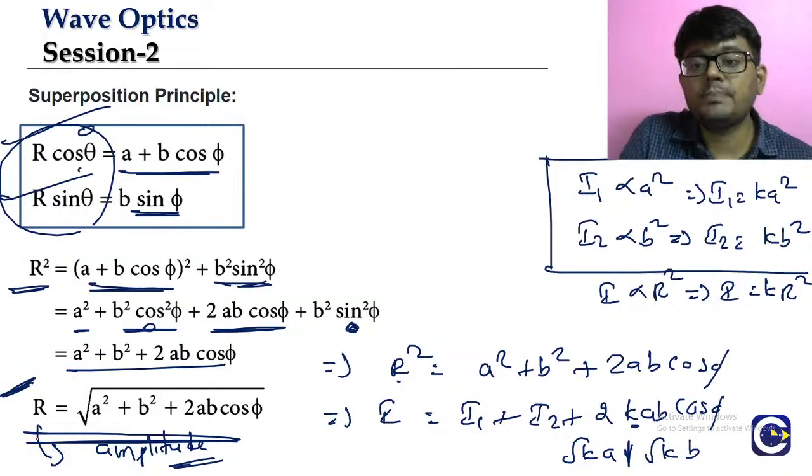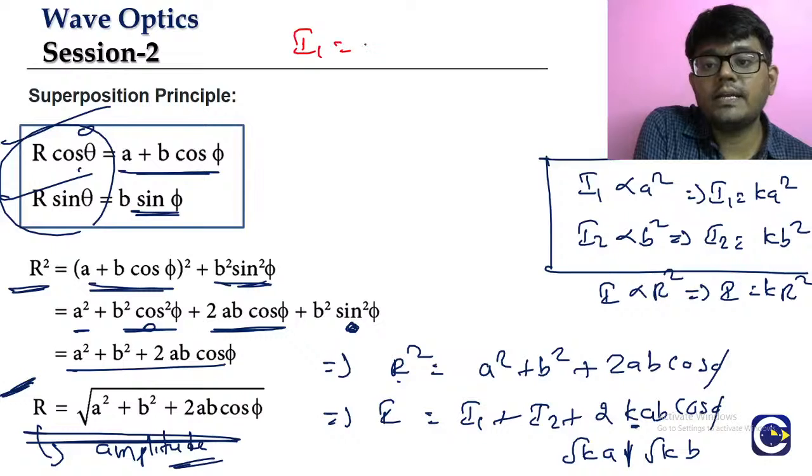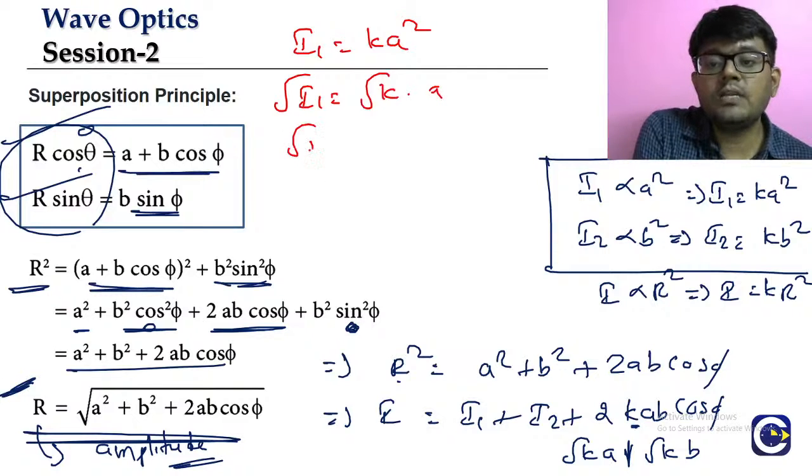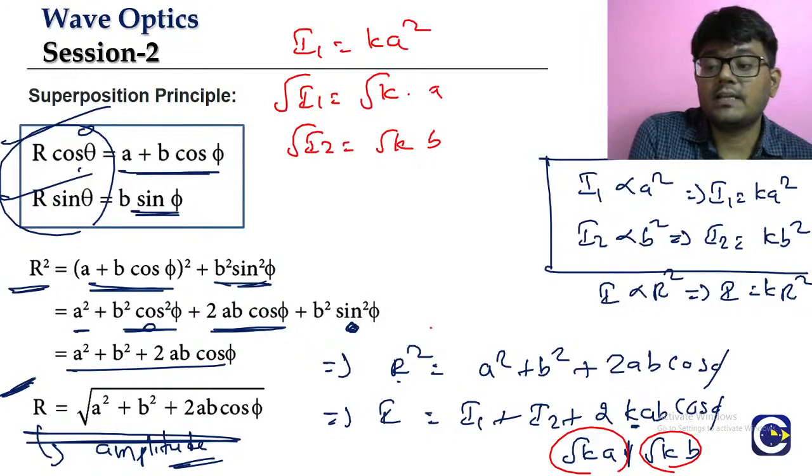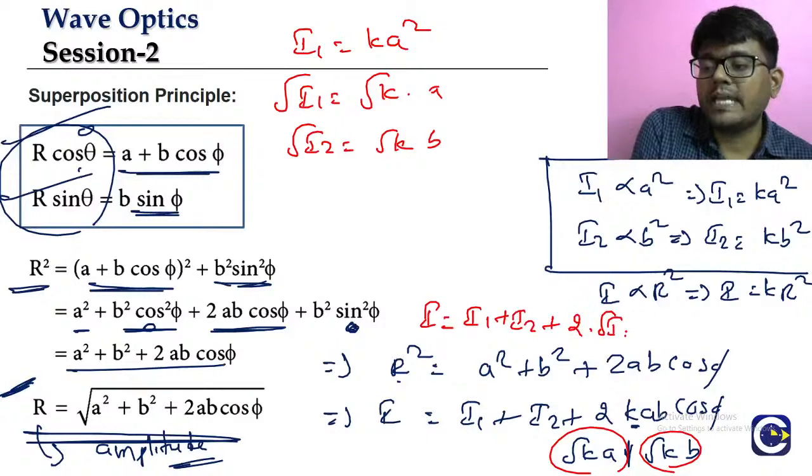Root I1 is equal to root K into A. Similarly, root I2 will be root K into B. So here root K into A is root I1, and root K into B is root I2. Now from here we'll get the final result. I is equal to I1 plus I2 plus 2 times root I1 root I2 into cos phi.